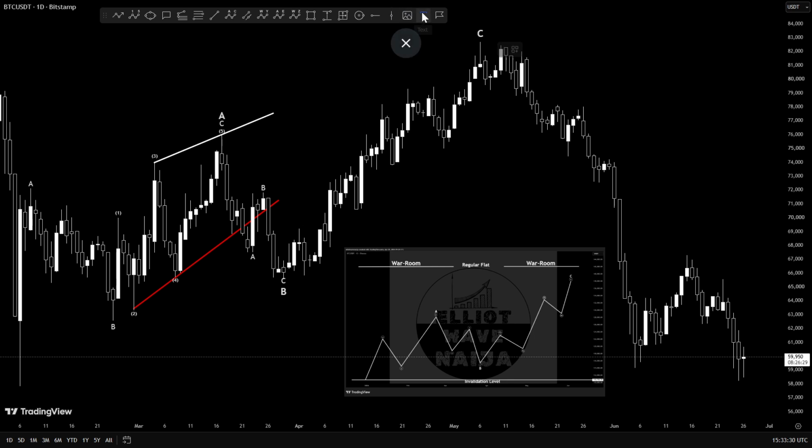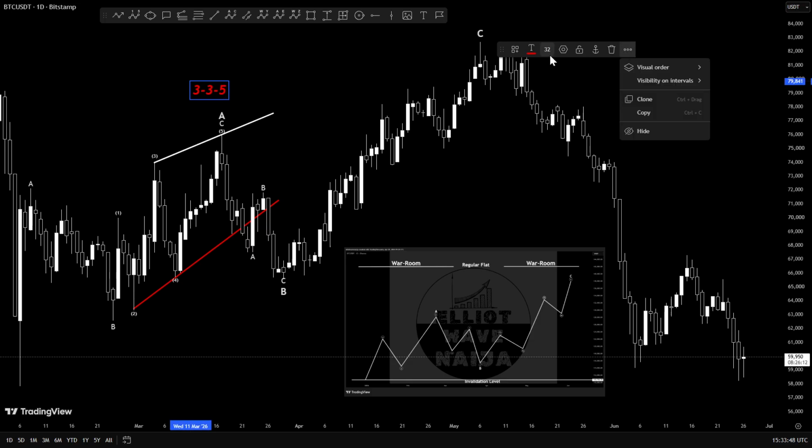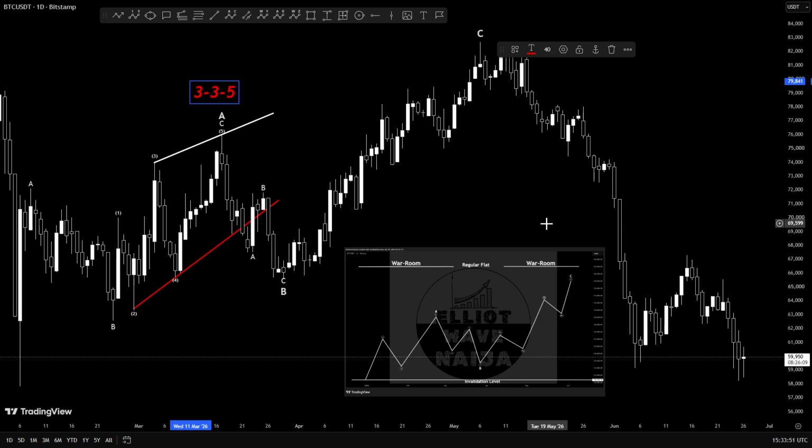The main thing that you should focus on in a regular flat is that the structure unfolds in 3, 3, 5. So we have our first 3, which is ABC, which ends with a diagonal. We have our second 3, which is an ABC, a zigzag pattern, and the last structure is in 5, right?